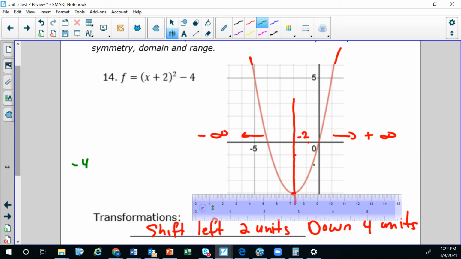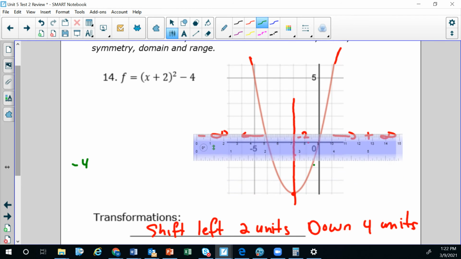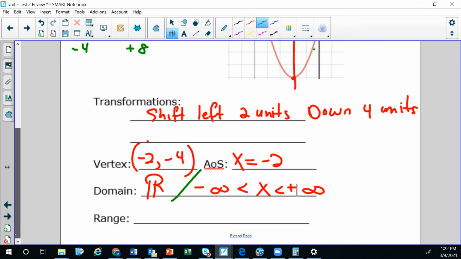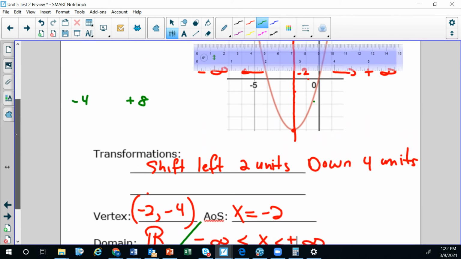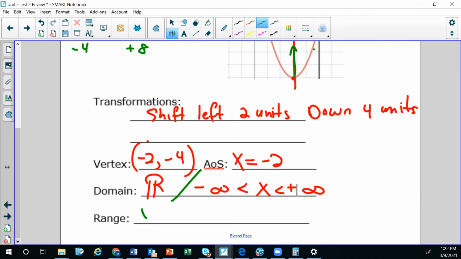And I'm going to try to get to the top of the graph. But you know I'm not going to get to the top because the graph keeps on going all the way up, right? So that's going to be positive infinity. So I can write my range in two ways. I can say it's all the y values that are greater than or equal to -4. That's one way of writing it.